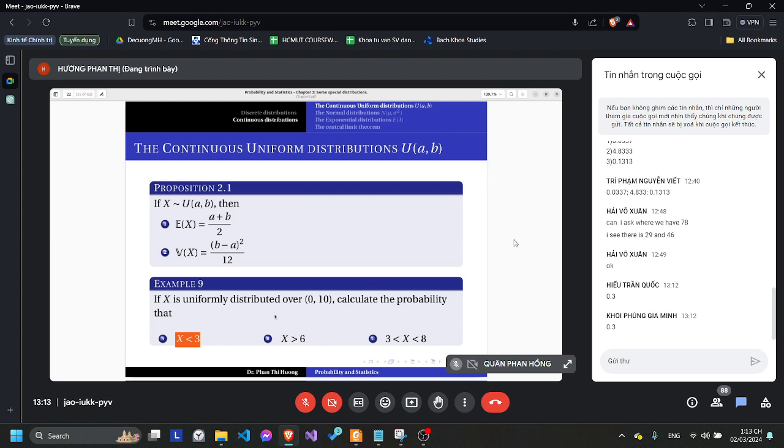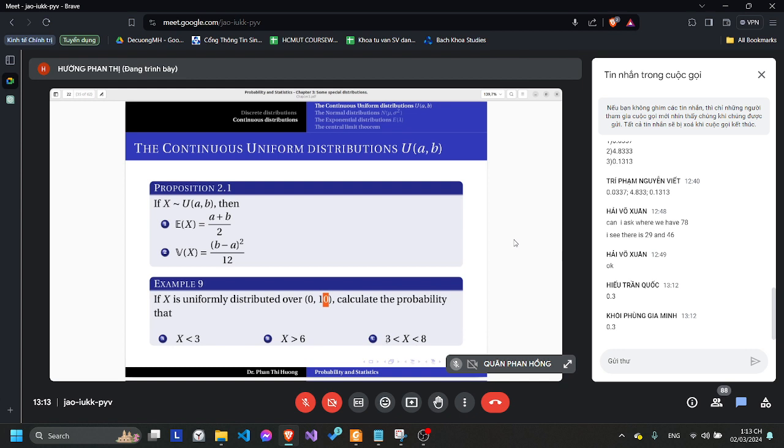You have 10 minus 0, so you have 3 over 10. Very easy, right? Then question B, the probability of S greater than 6. That is the probability of S between 6 and 10, so you take 10 minus 6 over 10 minus 0. So we have 4 over 10.